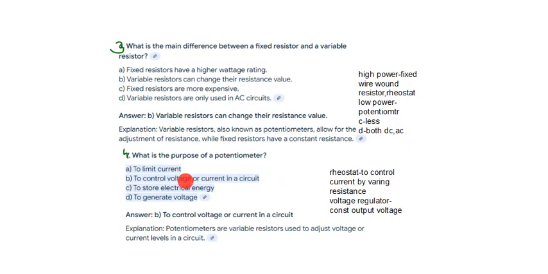Both current and voltage can be controlled with a potentiometer, the rheostat only current. A voltage regulator gives a constant output voltage. To store electrical energy, a capacitor or inductor is used. To generate voltage, a generator is used. So option B is correct.